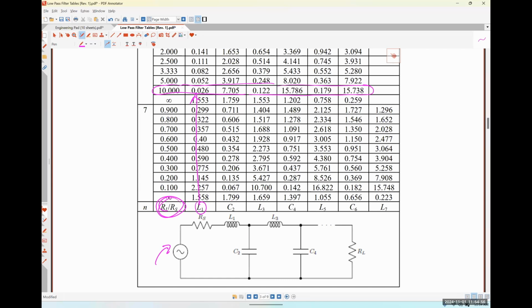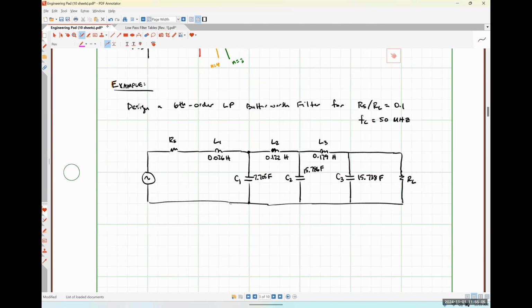This is L1, and so on and so forth. Did I label those oddly? Yeah, of course I did. Let me just make it match the table exactly: 3, 4, 5, 6. Sorry about that. It's alternating between inductance and capacitance.